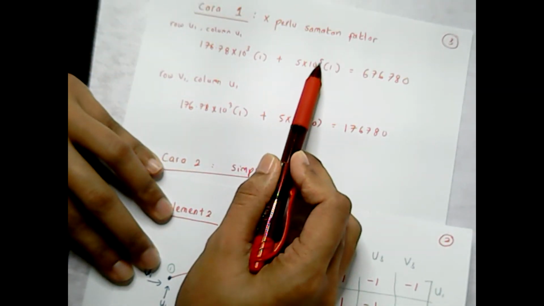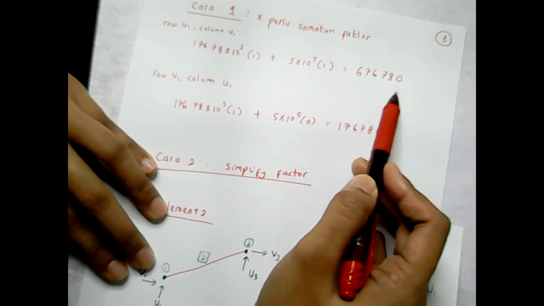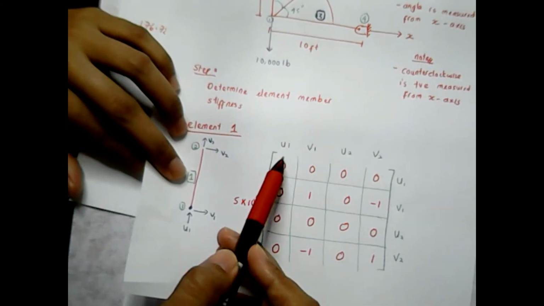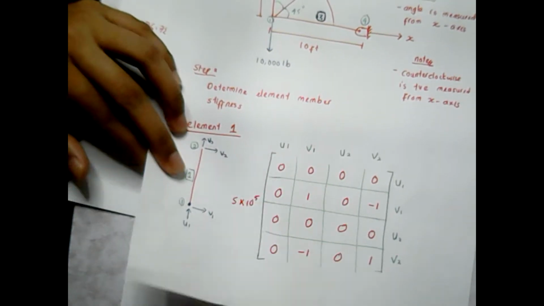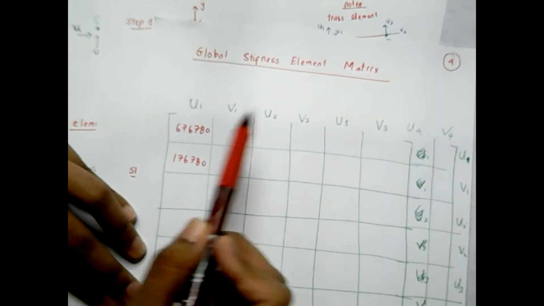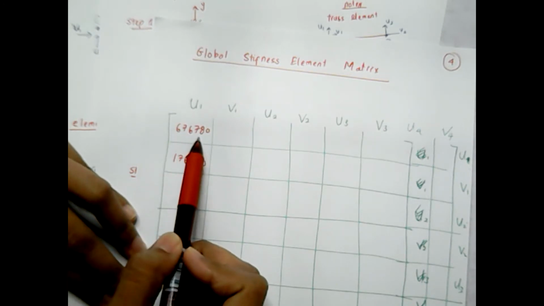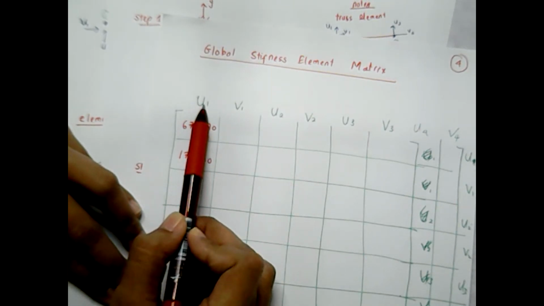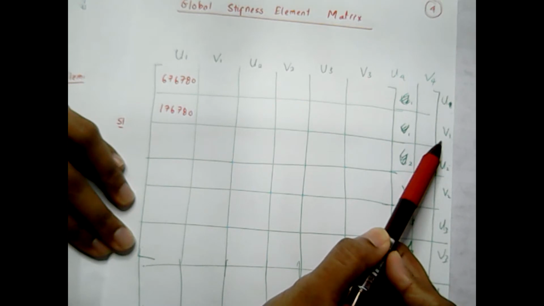Therefore you get 676,780. Because element number 1 has 0 for coordinate u1 u1, you can ignore it. So the global stiffness matrix for coordinate u1, u1 is 676,780.